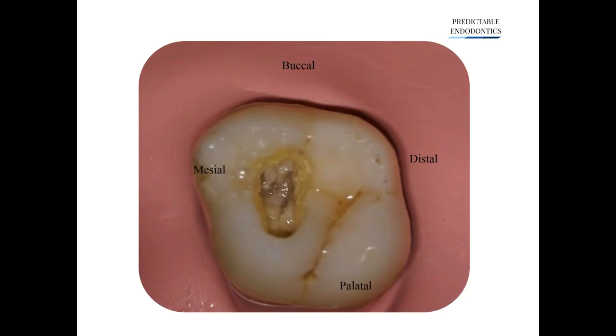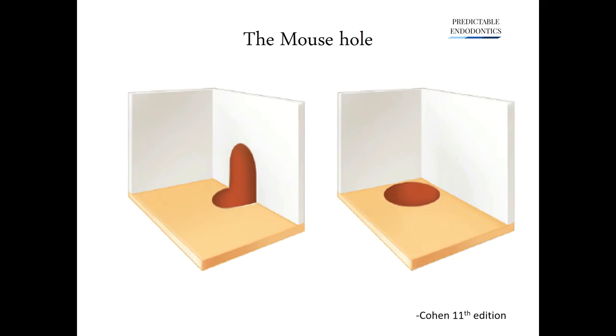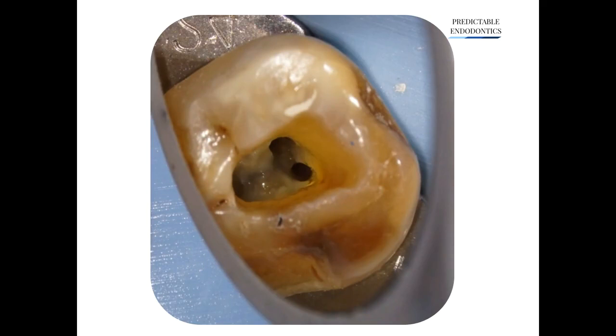But then the access outline we have right now will not give us straight line access to the orifices. What we have at this point is called the mouse hole, where the orifices are present on the wall of the pulp chamber rather than on the floor. If you look at the mesial half of this tooth, you might be able to appreciate the difference.